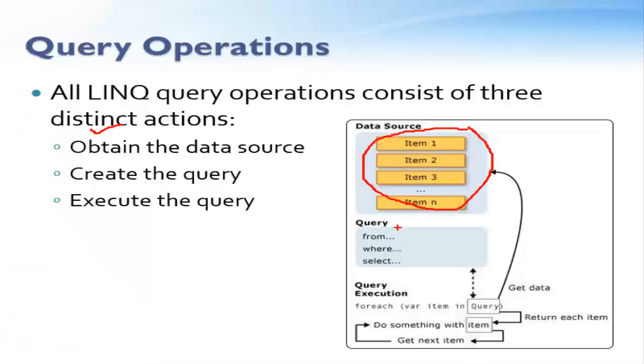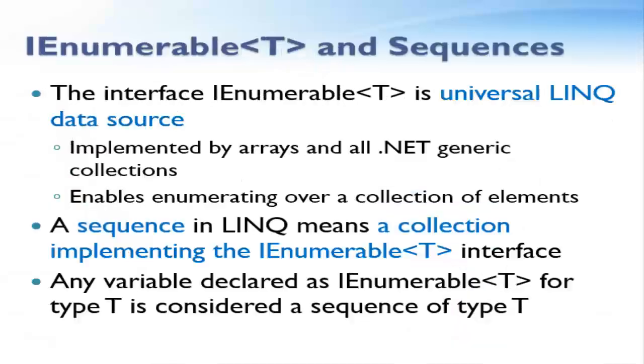Then, the next thing is you have to write a query that will query this existing data source. Once you query this, you execute that query, get the result, and do something with the result that you obtained from the query. These are the usual three steps that we will be following every time, and that's a standard thing.